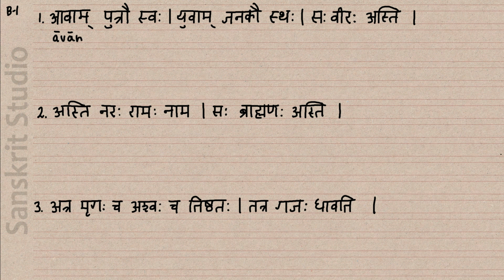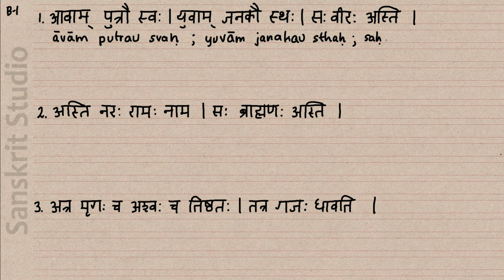Avam, long A, short U, putrau, swaha, and then another one, Yuam, long A, Jana, cow, sta, ha, and then we have saha, viraha, asti.